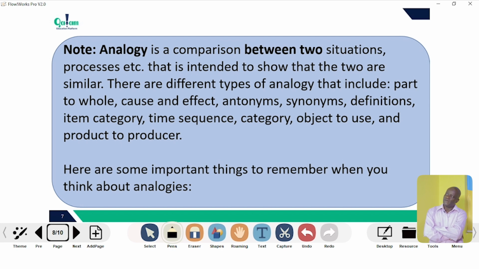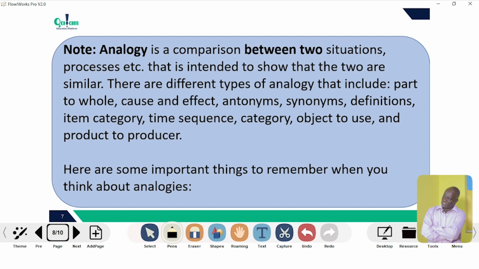There are different types of analogy that include part to whole, cause and effect, antonyms, meaning words that have opposite meanings, synonyms, words that have the same meaning, definitions, item category, time sequence, category, object to use, and product to producer. Okay?